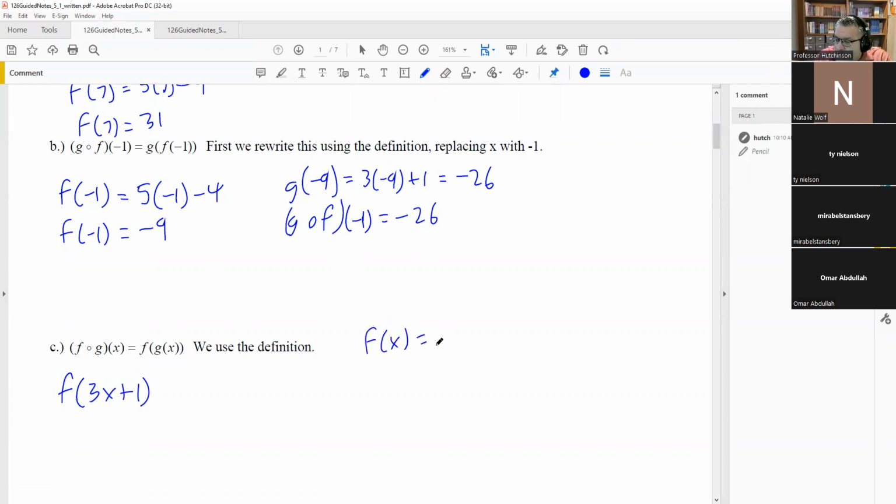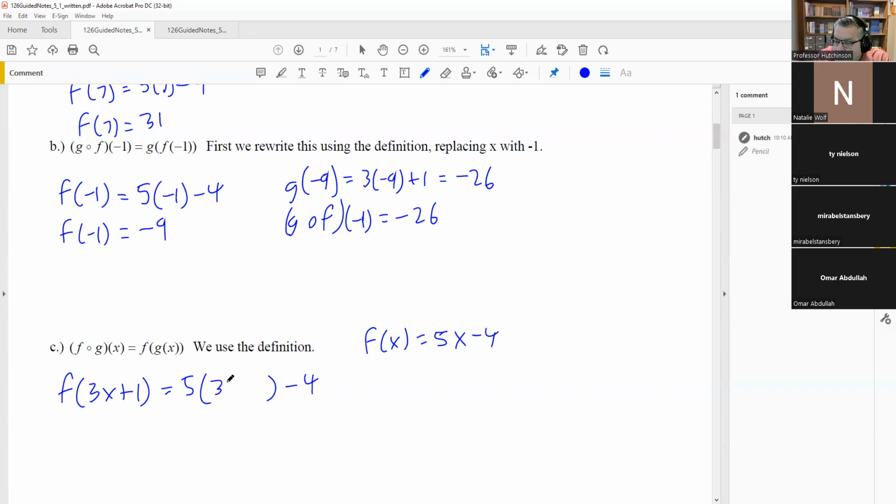Recall that f of x is equal to 5x minus 4, so we don't have to flip up to the top again. Okay, so this is our original f. What I'm going to do is remove the x from here and replace it with 3x plus 1. So I have 5 times blank; I remove the x from the original f function there.